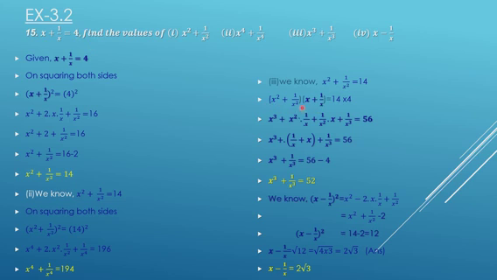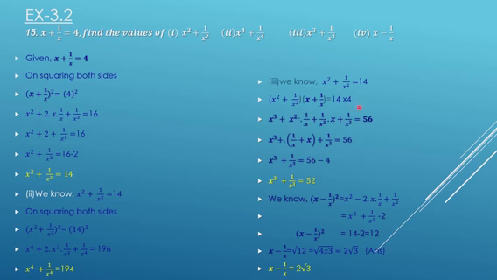So x square into x gives x cube. Then you have x square into 1 by x, plus 1 by x square into x, the third one, and then 1 by x square into 1 by x gives you 1 by x cube. And I've multiplied both the equations here.